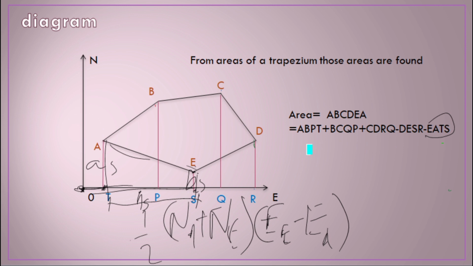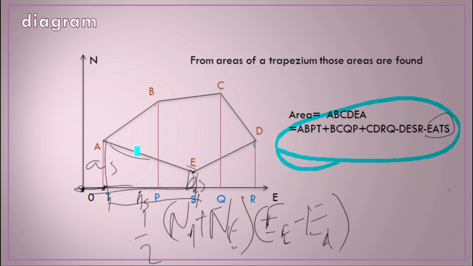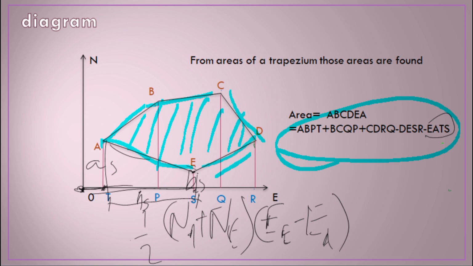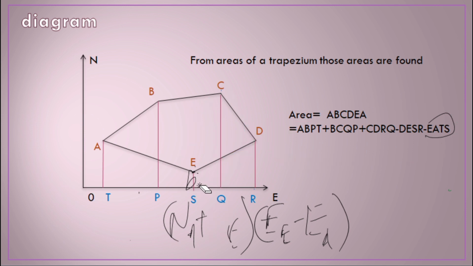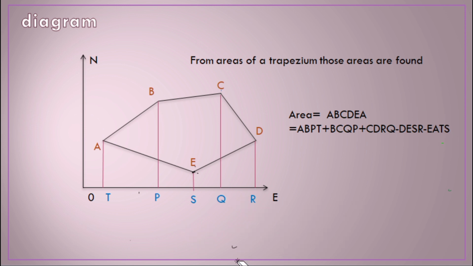So my area A, B, C, D, E, and back to A. This is the area that I am now looking for after having solved the bigger portion minus the smaller portion here, in order for me to find the area that I'm shading here, that is the area of that diagram that we are having there. I hope you are understanding something down here.